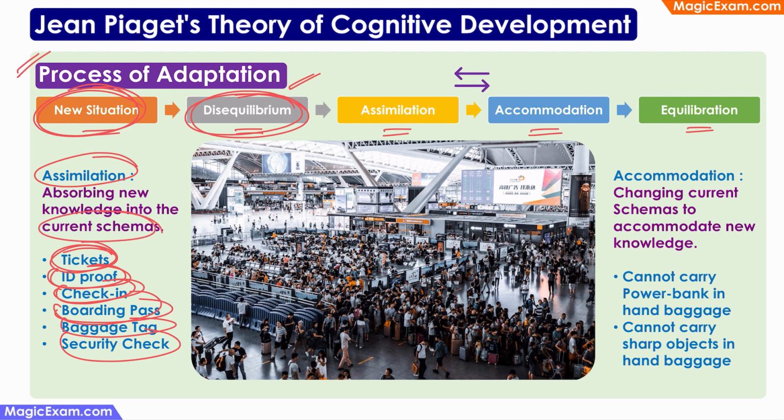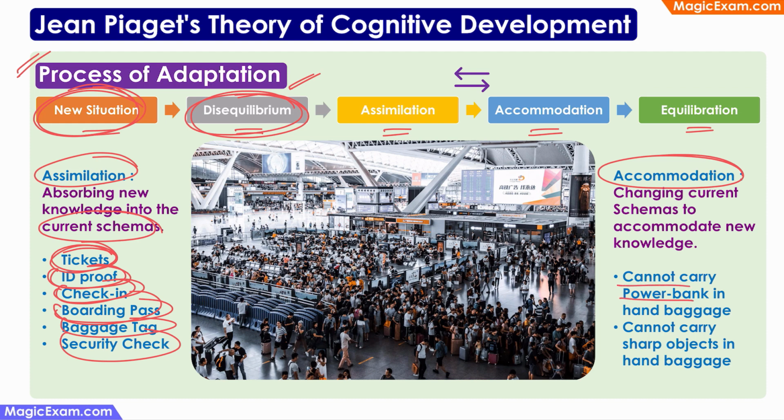Next, I also accommodate some new knowledge into my existing schema. For example, my existing schema says that I can carry anything that I want in my baggage, because when I'm going into a bus or boarding a train, nobody is checking my hand baggage. But when I'm going on a flight, I have to make sure that I'm not carrying any power banks in the hand baggage.